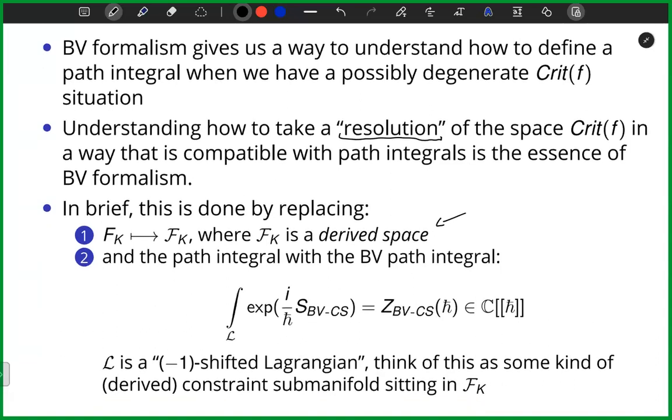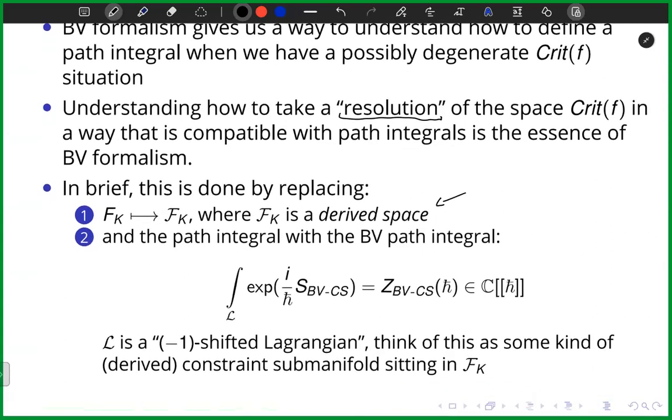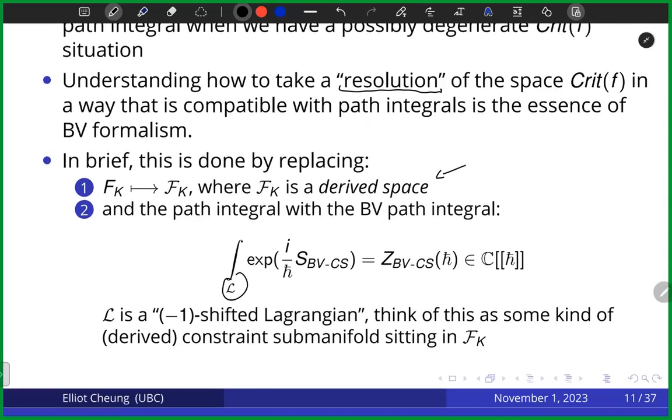The path integral gets replaced with this BV path integral, where we also have this L, which is a -1 shifted Lagrangian, but this is just jargon if you've never heard of that. You can just think of this as some sort of derived constraint submanifold inside our derived space of fields.